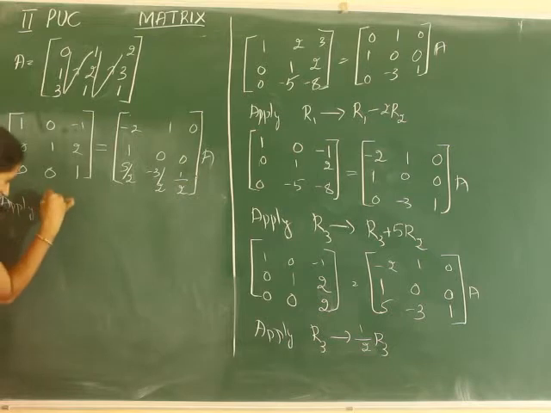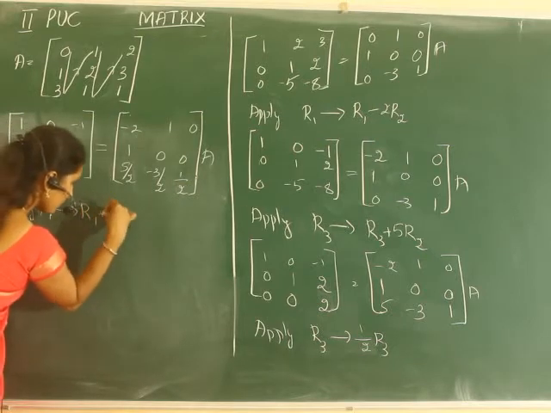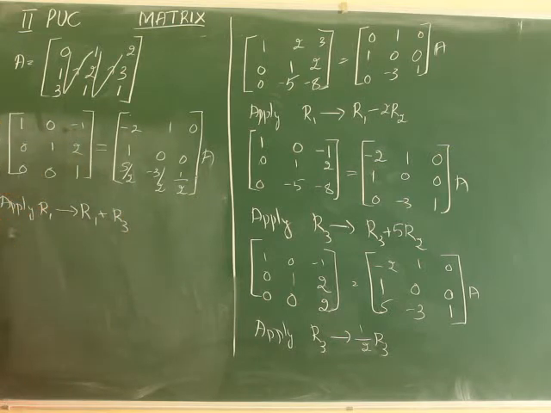Apply R1 changes to R1 plus R3. Either I can change R1 or R2, both I can do. R1 changes to R1 plus R3, so if I add we'll get 0.